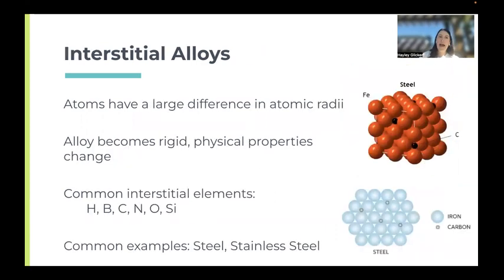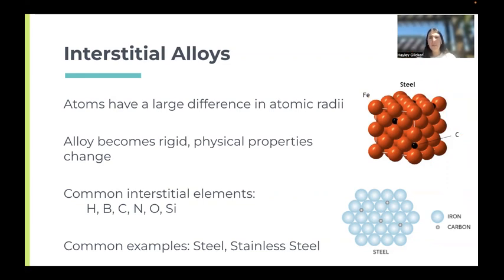Comparing substitutional alloys to interstitial alloys, these are alloys that have different atomic radii. So what we see here, if we have an alloy of carbon and iron, in this case, carbon is kind of special. Carbon can sometimes behave as a metal. So in this alloy where we have iron and carbon together, carbon is a lot smaller than iron.